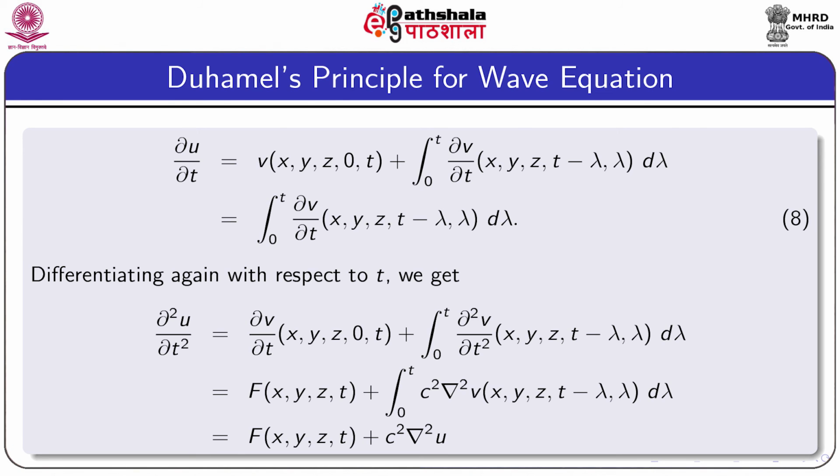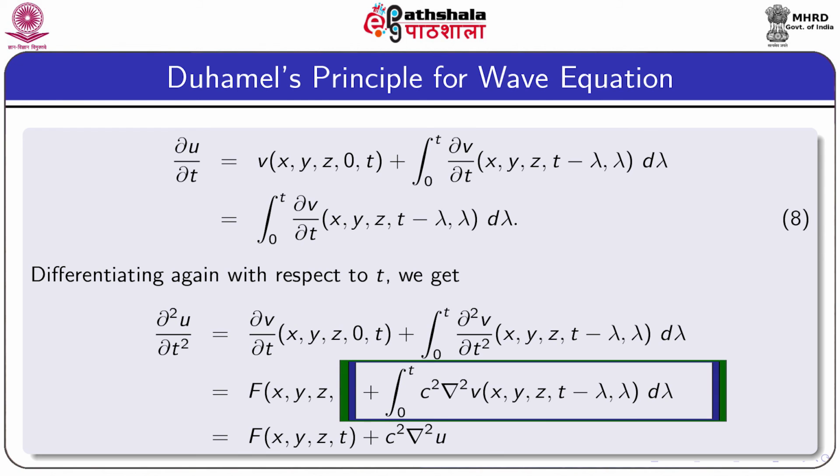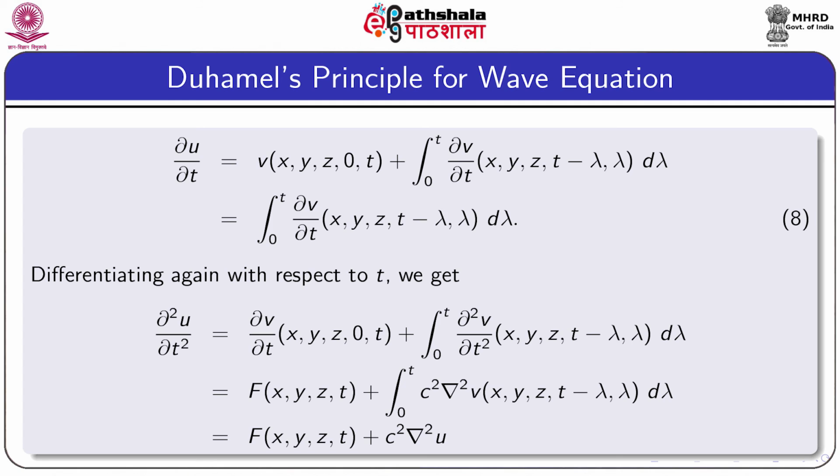because v satisfies the homogeneous wave equation. So, using that fact, we can substitute the value of del 2 v del t square as c square Laplace square v(x, y, z, t minus lambda, lambda) d lambda. Since this Laplace square is the differential operator with respect to x, y and z, we can take out this differential operator from the integral sign.